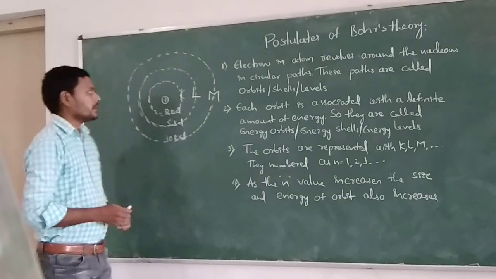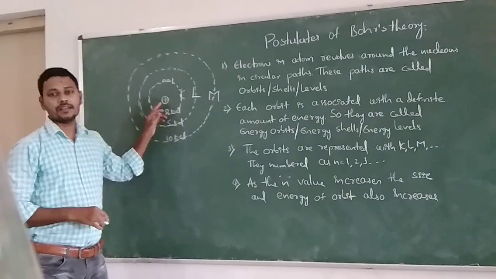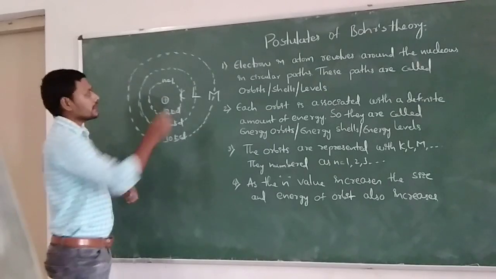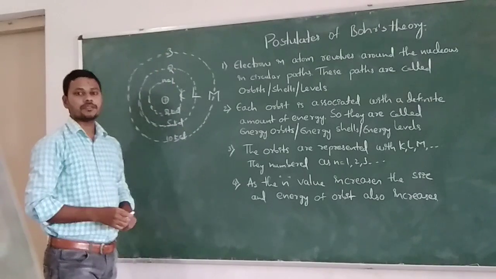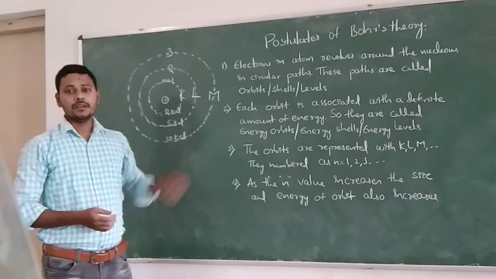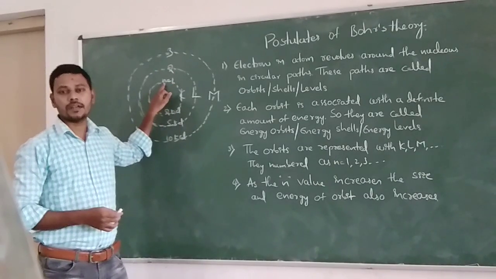And one more point, he gave numbering also. First circular path n equals 1, second circular path n equals 2, third circular path n equals 3, like that. Here n is called the principal quantum number.